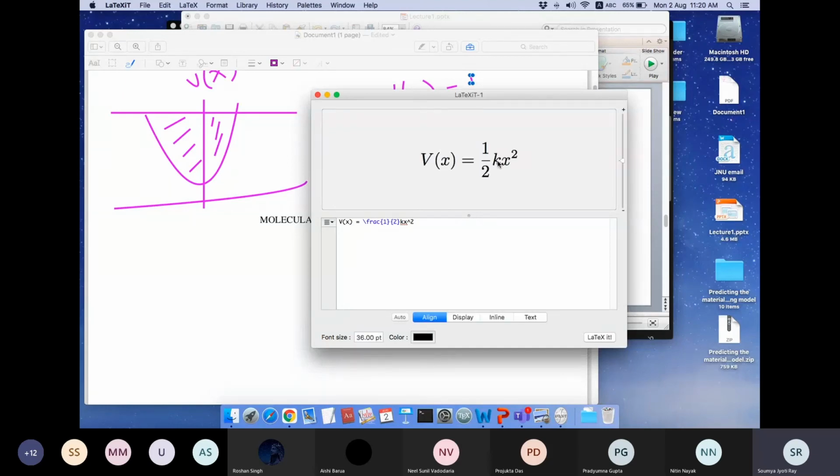Can you see the potential? Yes. Okay. So if I have this potential, this side and that side will both be symmetric, right? Yes. In this case, the force that will be working will be F equal to minus kx, right?